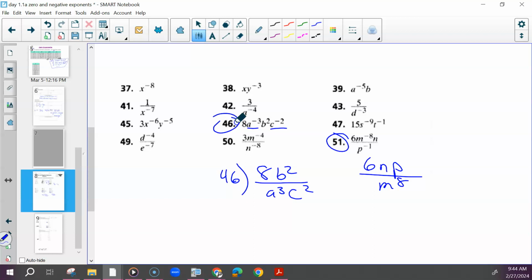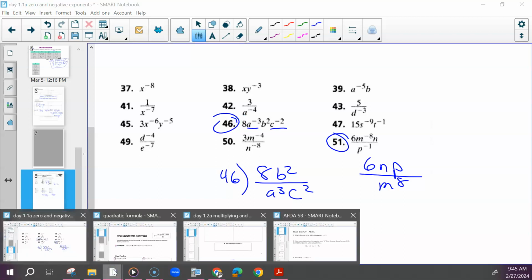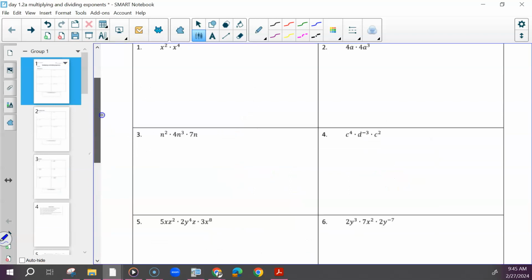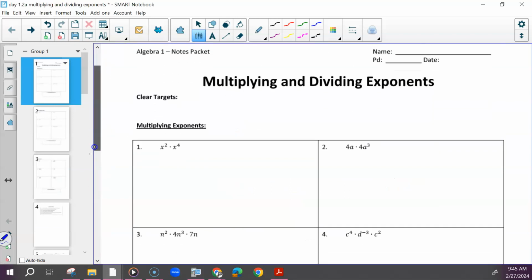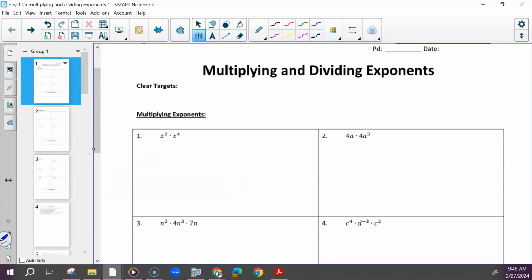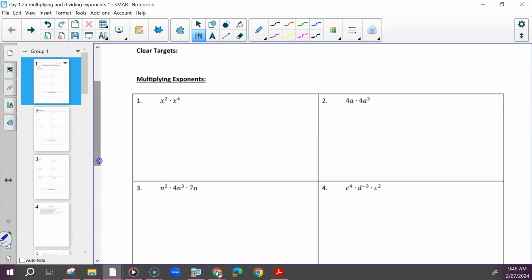Okay. Look at the notes I just gave you. I just want to see if you can figure out this rule, and then we'll be done. So in number 1, let's say I had x squared.